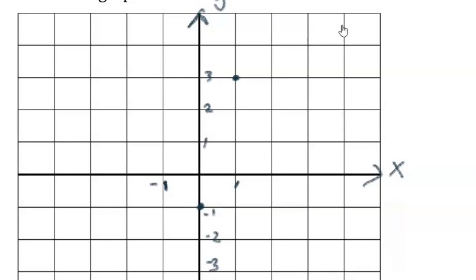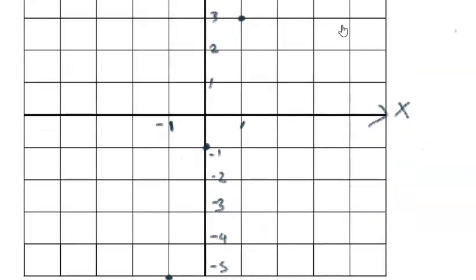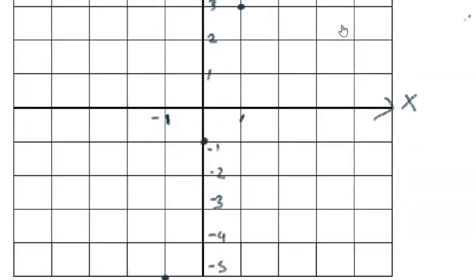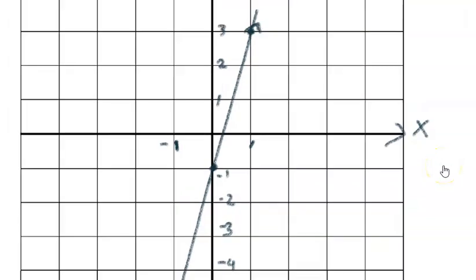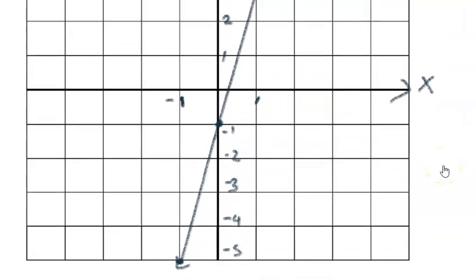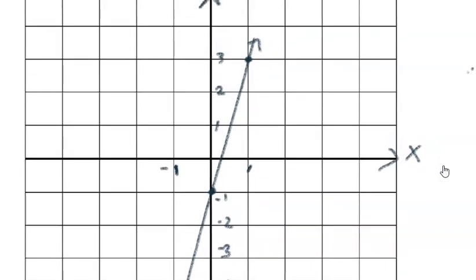If I now take my ruler, then I can join the 3 points, and all 3 should lie on the same straight line. Normally we will then put an arrow to show that it continues to the top, and we can put an arrow at the bottom, and then we will label the graph by writing the name, which is y equal to 4x minus 1.